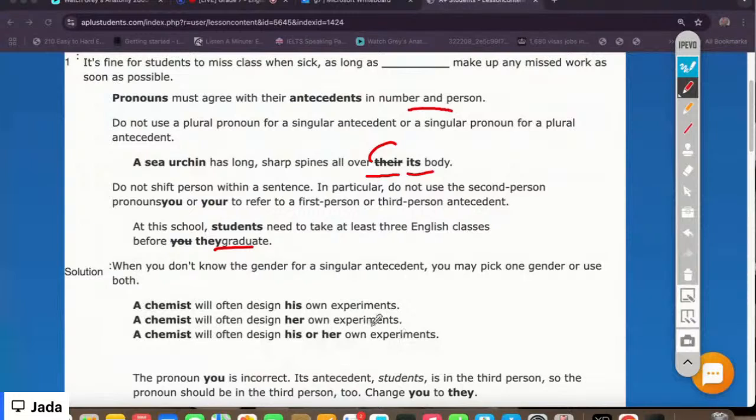Because we're not certain what the gender of the chemist is, we would just use his or her. All right, so we can say the chemist will often design his own experiments, or the chemist will often design her own experiments. But once you don't know the gender, you just say his or her.